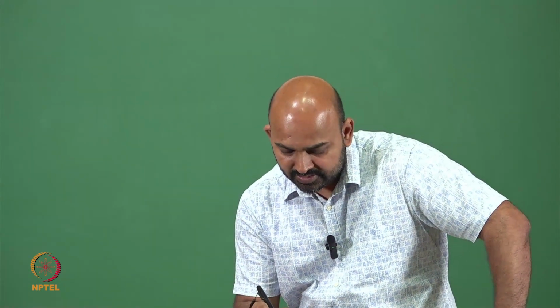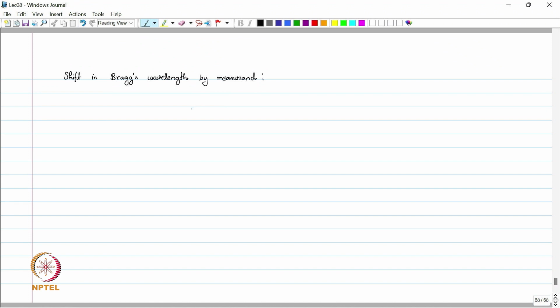So the construction is again very simple. In this FBG sensor, instead of using a laser, we generally use a broadband source. We use a broadband source because we need to send a wide spectrum into the optical fiber.